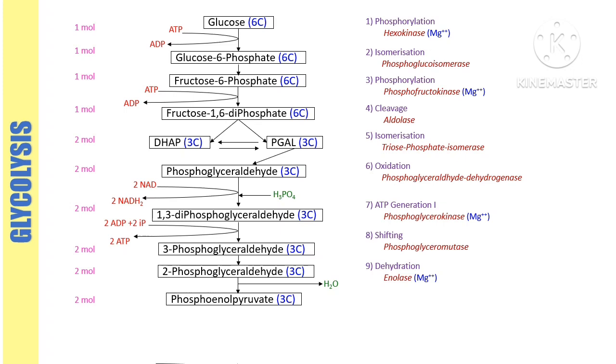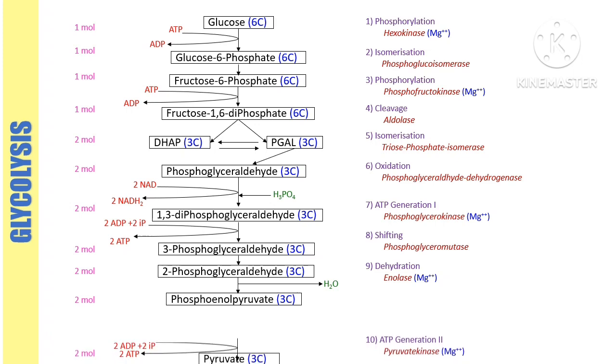Hence we say that after the fifth reaction, there is synthesis of ATP. A total of 4 ATPs are synthesized, 2 at the 7th reaction and 2 at the 10th reaction.